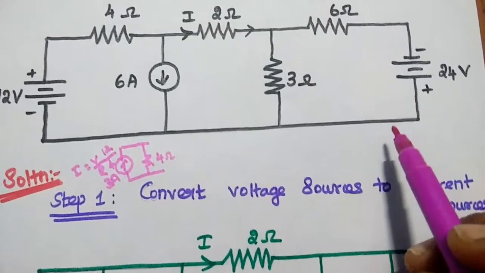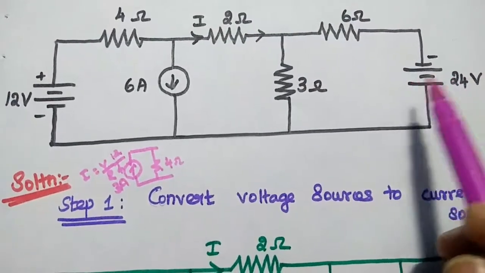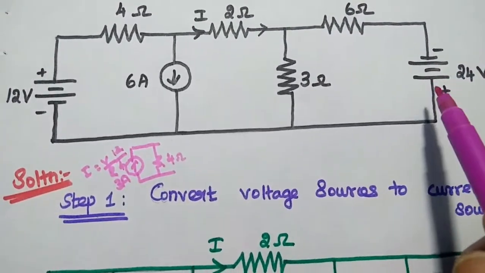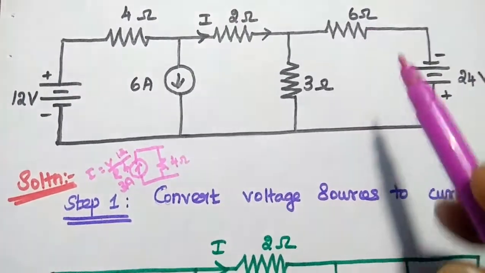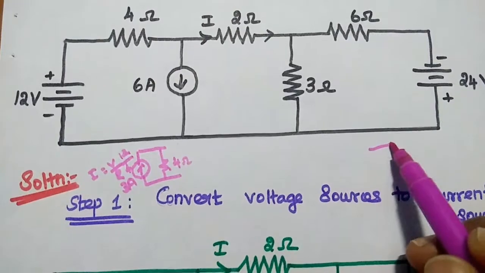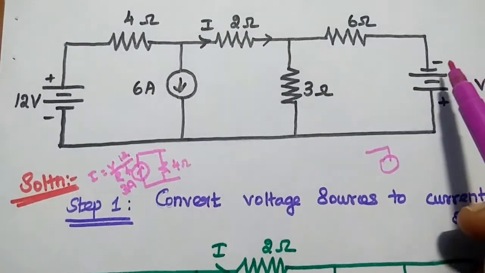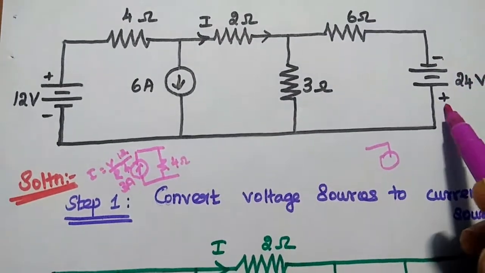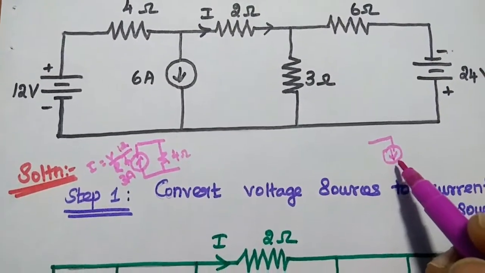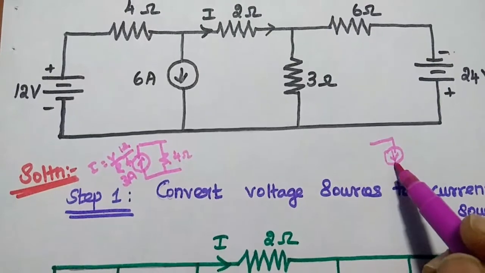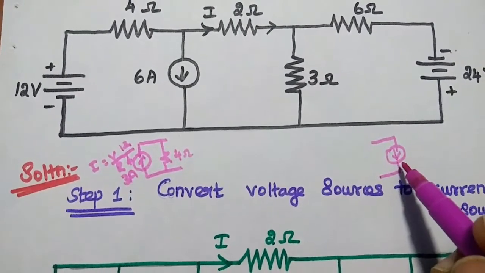Likewise, we have to convert this voltage source also to current source. So here it is 24 volt, 6 ohm resistor. So here we can go negative to positive. Negative to positive means here the arrow mark should be in downward direction. So here we can make the current source like this.